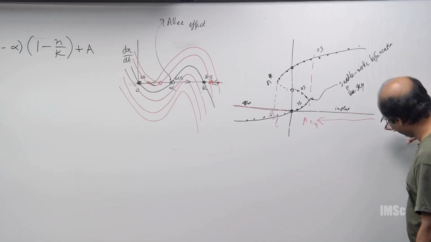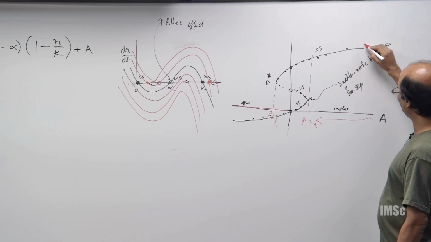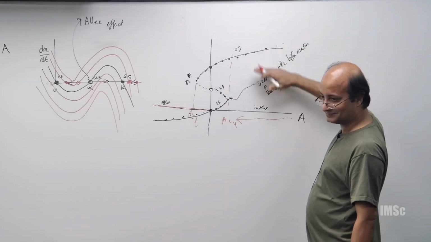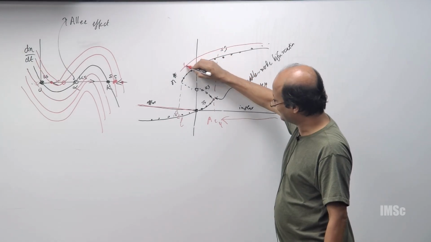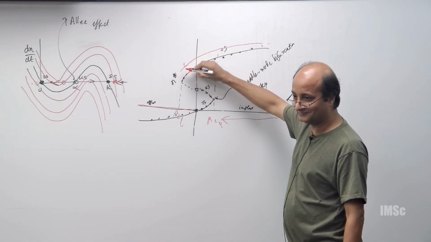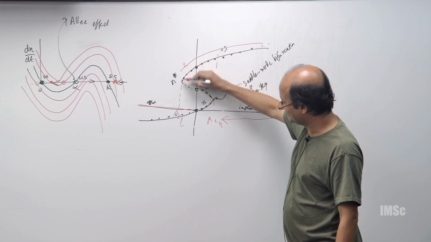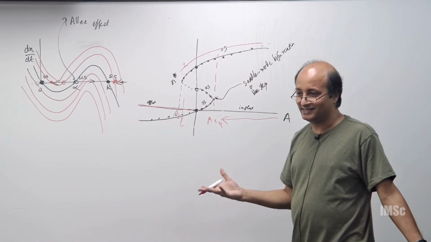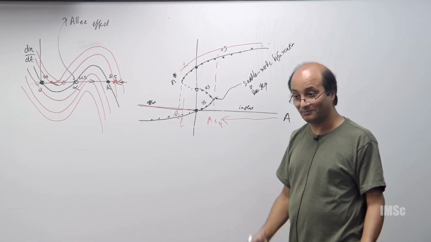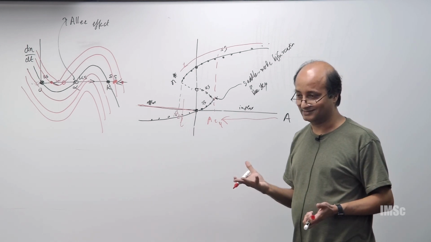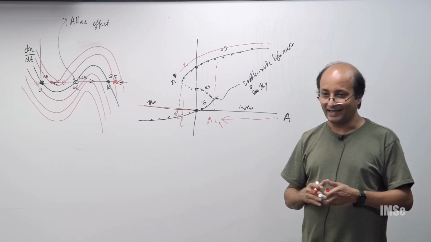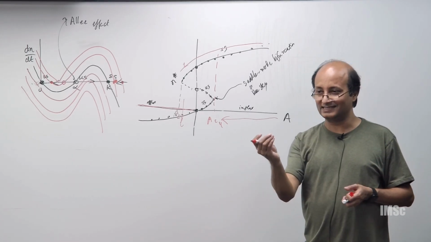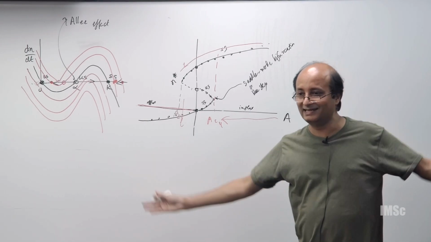I am on this branch because here there is nothing else possible. So I am going like this, and then suddenly at some critical value of A, without any warning, I just go to extinction from a large finite population. So it seems like disaster, right. Everything was going fine, my population was just decreasing slowly, slowly, slowly, and then suddenly nothing.